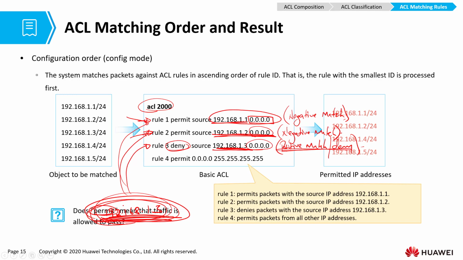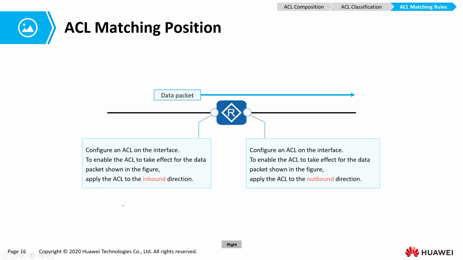As I've mentioned, ACLs are going to be applied on device interfaces. ACLs can be applied at the ingress interface or at the egress interface. So for traffic traveling in that direction, this is the ingress interface and this is the egress interface.